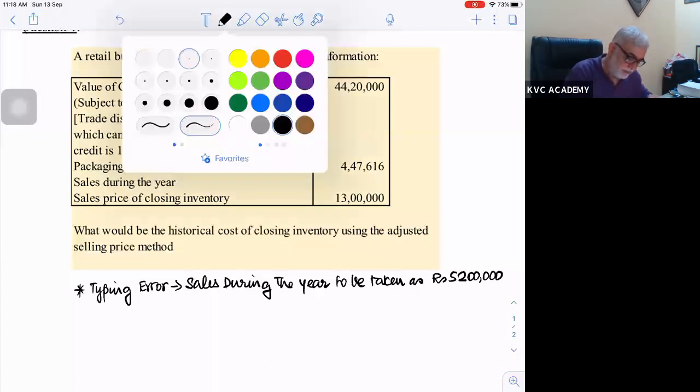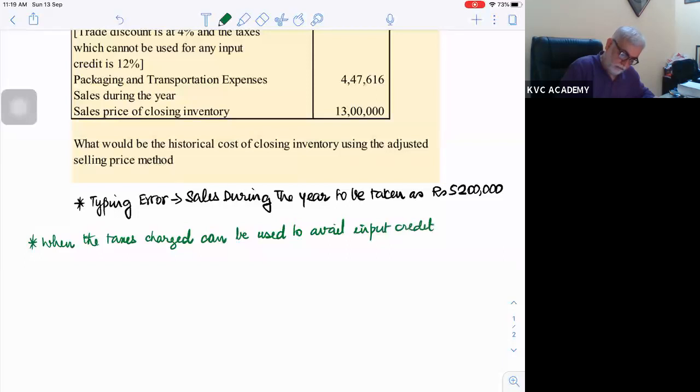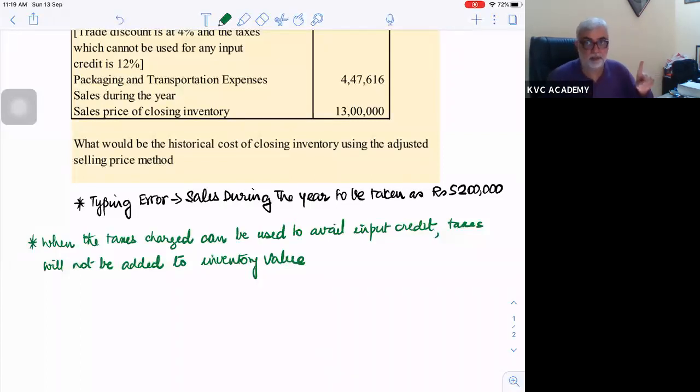Okay, I'll give it as a note here: when the taxes charged can be used to avail input credit, taxes will not be added to inventory value.